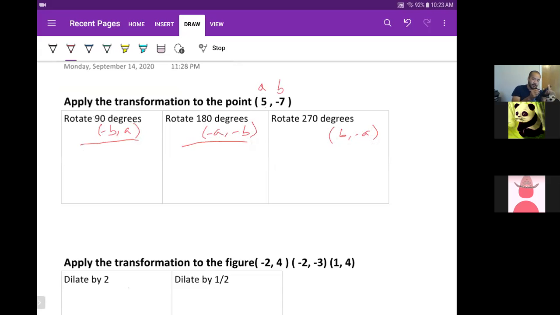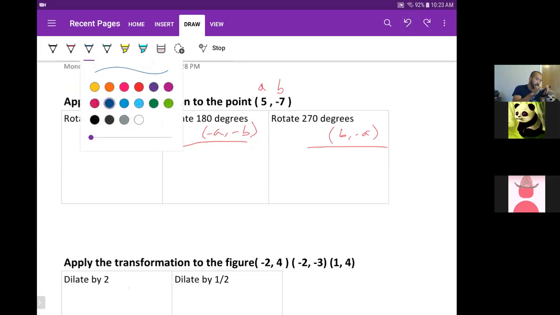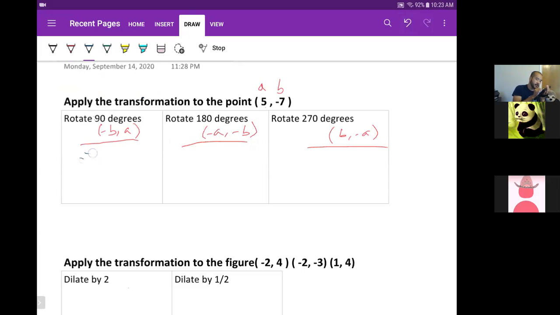Okay, so the answers to these examples here, for 90 degrees, you flip them. So it'll go -7, comma 5, and then you change the sign of the first one. So that becomes plus. So 7, 5 is the answer when you rotate it 90 degrees.